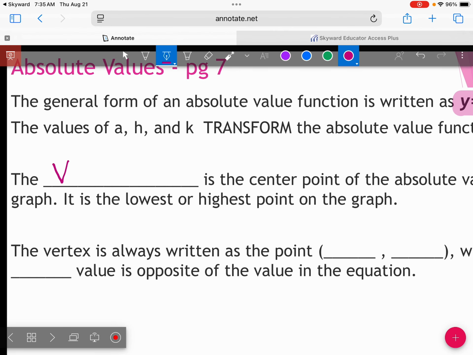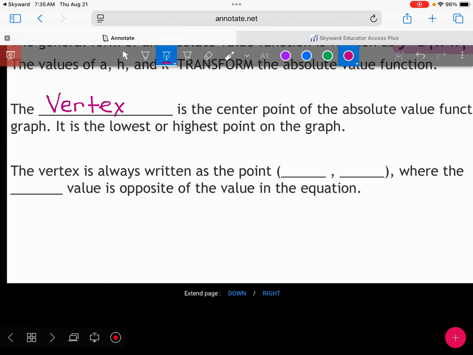So the vertex is going to be the center point of an absolute value. Absolute values are kind of shaped like V's, V-shaped. So it's the little point at the bottom. It's in the very center. If we think about the curved ones, whether it's right side up or upside down, it has a vertex here or here.